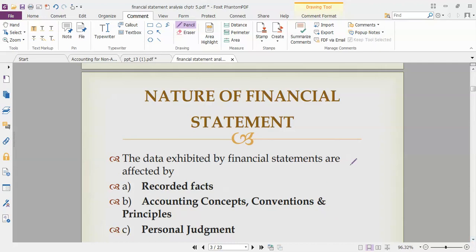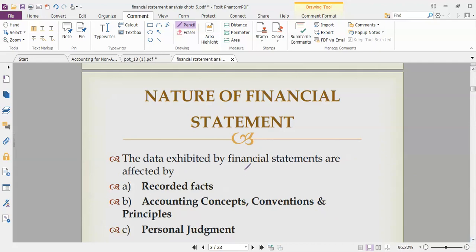Okay, what is the nature of the financial statement? Financial statement is actually recorded the facts, because all the elements or the values inside the financial statement are facts, the amounts that we have evidence for.